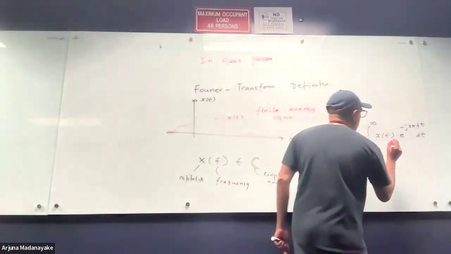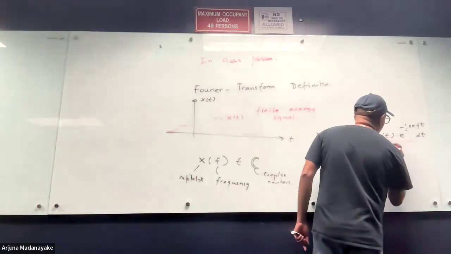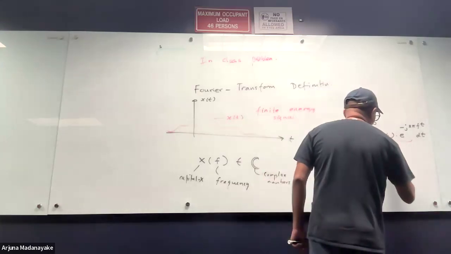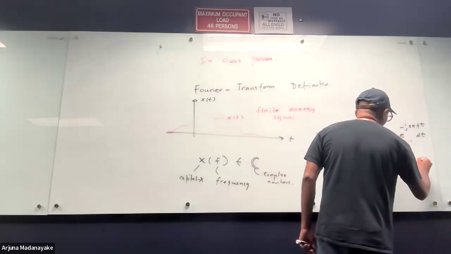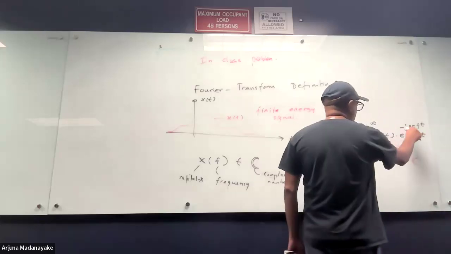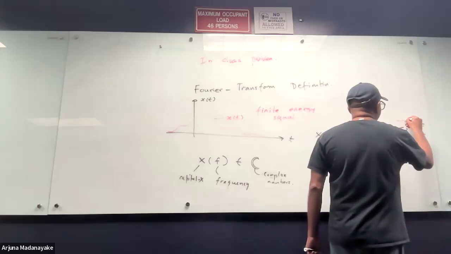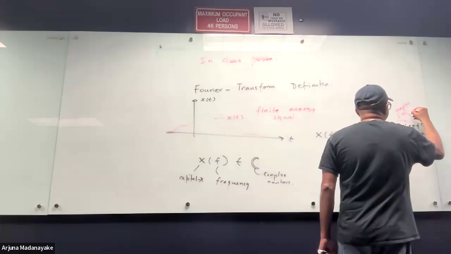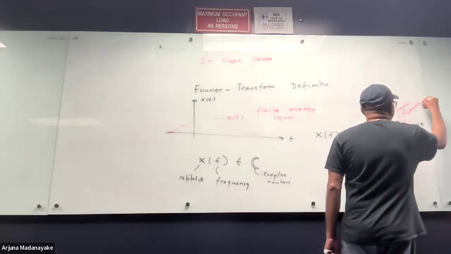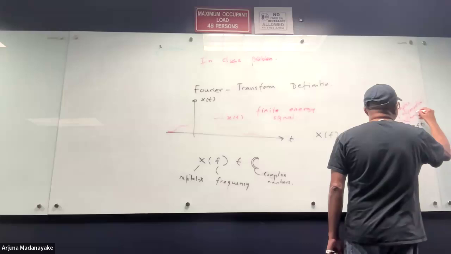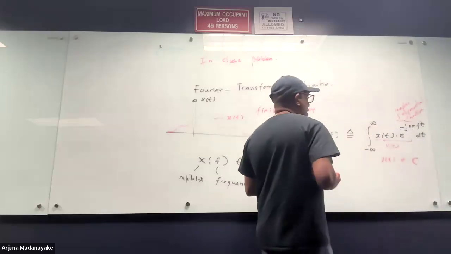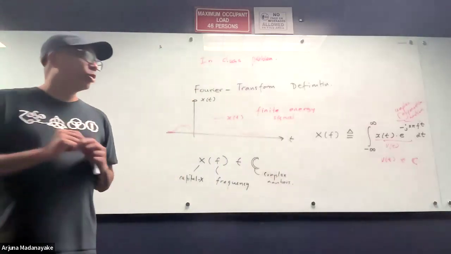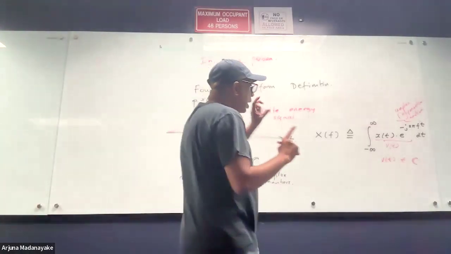I can think of this part as some v of t. This v of t is complex valued by itself, because this is the complex exponential function. It's a complicated math formula, but you can interpret it as a bunch of things.